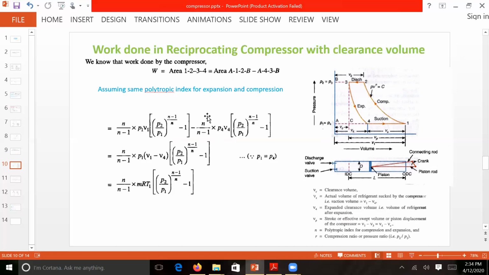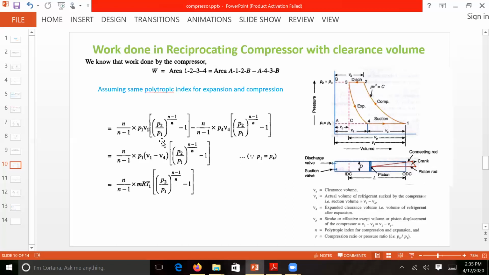Now the compression process is 1 to 2, so p1 v1 and p2. Now p3 is equal to p2 and p4 is equal to p1. You take this factor common, so this minus 1, but here p1 v1 minus p4 v4.